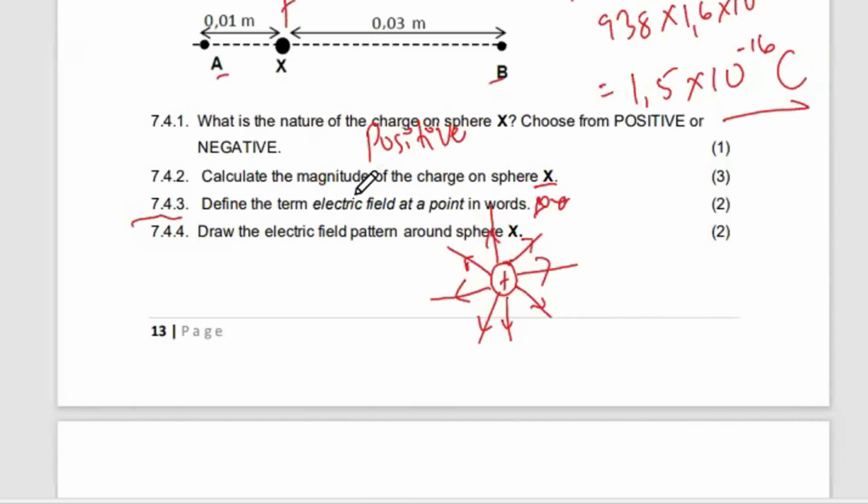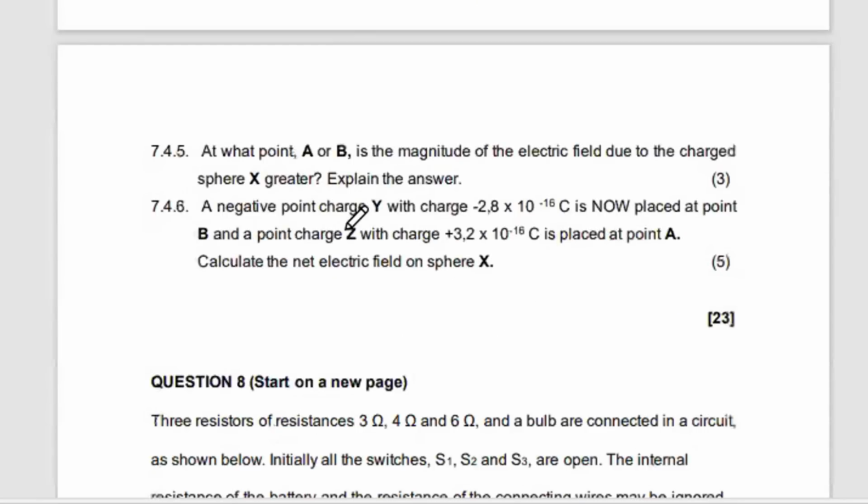Then 7.4.5. At A and B, which one has the greater magnitude of electric field? At what point between A and B is the magnitude of the electric field greater? So we know that E is kQ over r squared.